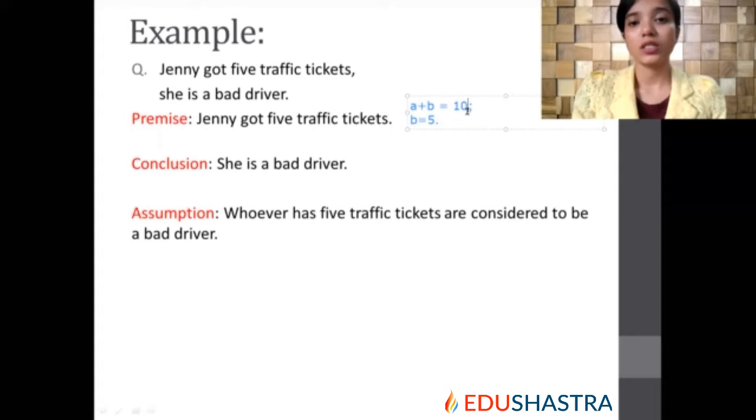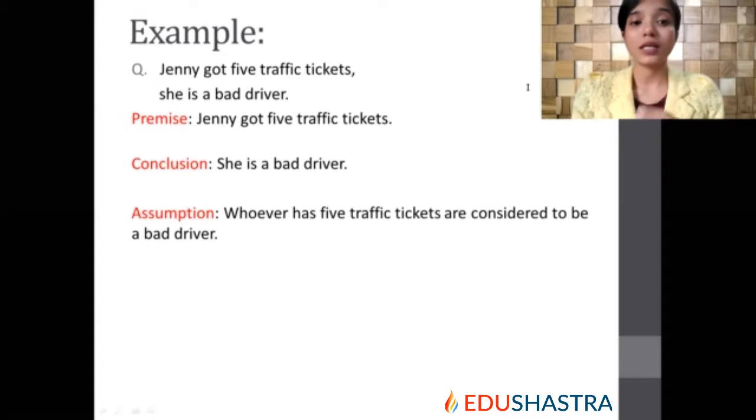Out of this, a plus b is equal to 10, b is equal to 5. I can assume a as any number, but will that give me 10? No, right? Unless I assume that b is 5, I will not get 10. Same like this. Unless I give a connection between my premise and conclusion, my assumption will always go wrong. So always remember, premise plus your assumption will lead you to the conclusion.